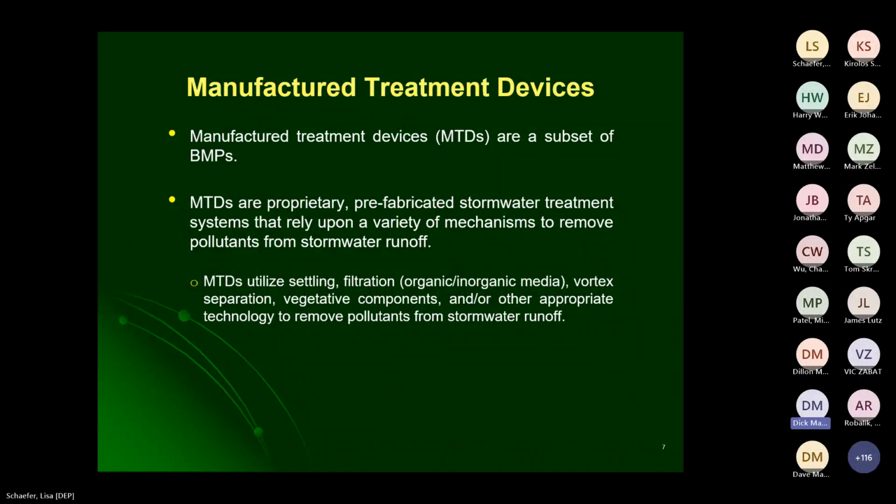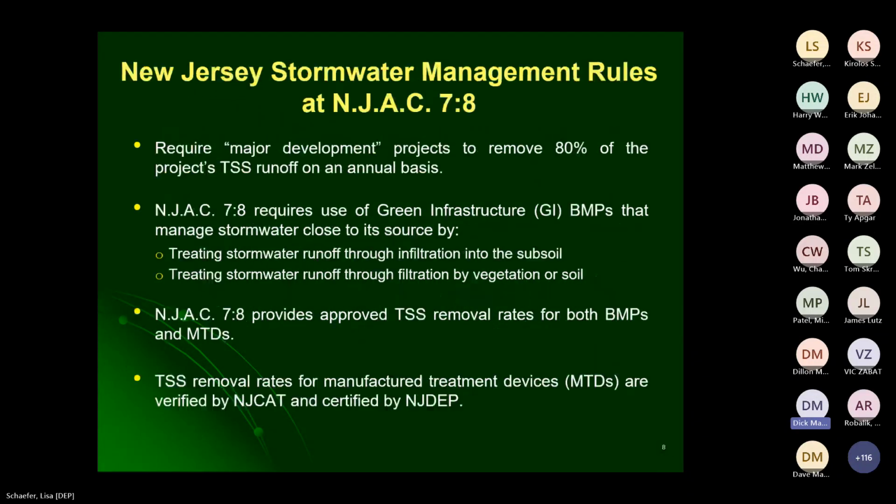Typically, MTDs utilize settling, filtration, sometimes with organic and inorganic media, vortex separation. Sometimes they involve vegetation components and/or other appropriate technology to remove pollutants from stormwater runoff. Next slide.